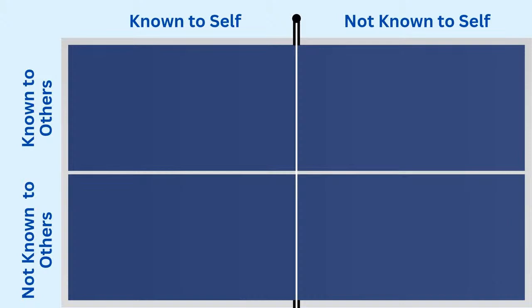And something not known to others: people might not know something which I know. I know what my lacuna is, what I have hidden inside my room or in my house. People may not know about those things, so it's not known to people.